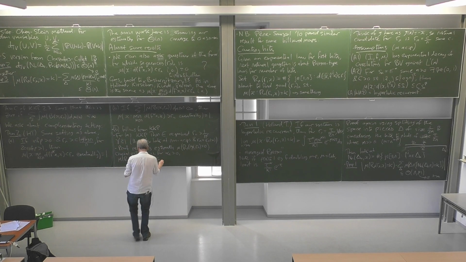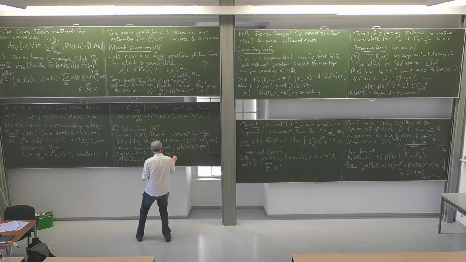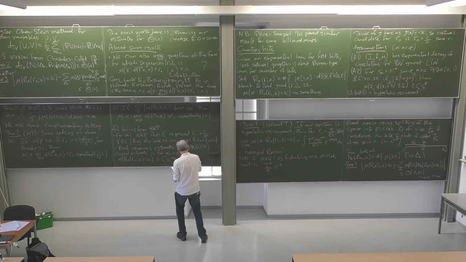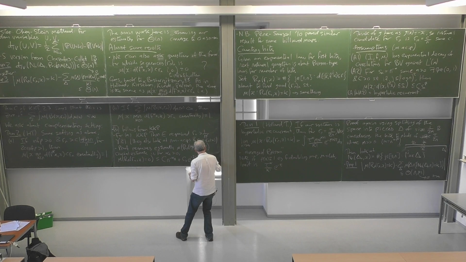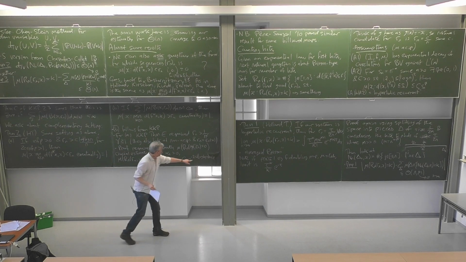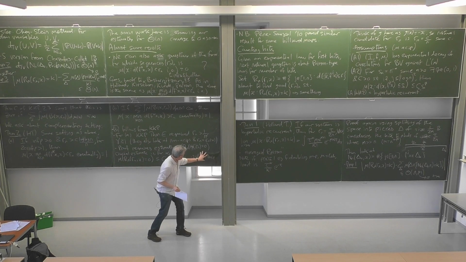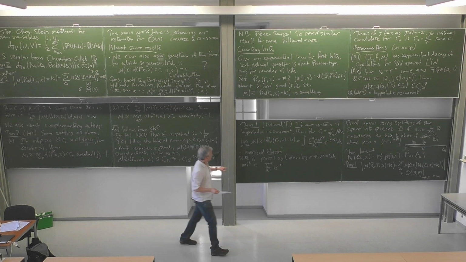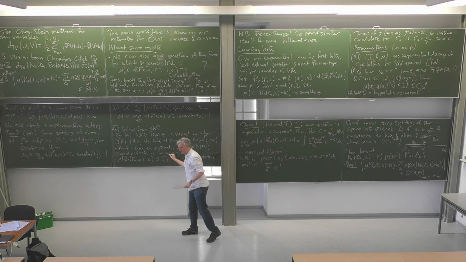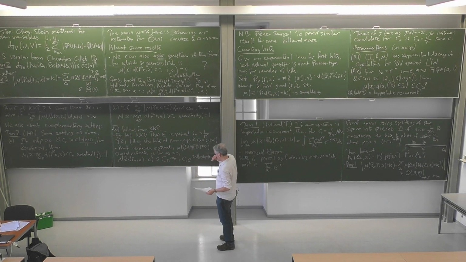We get that this is less than or equal to C n to the minus alpha 2 plus C1 e to the minus 2C log n. Okay, so this term here is what you see in the recurrence thing here when you put k is equal to 0, but then you're interested in the error term, and the error term is this error term here, and that's what allows everything to go through.